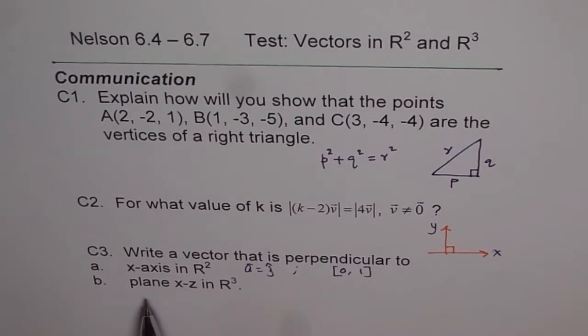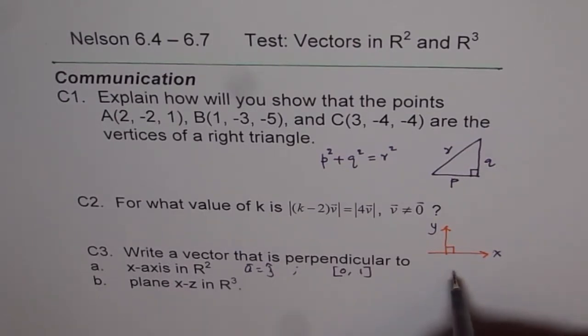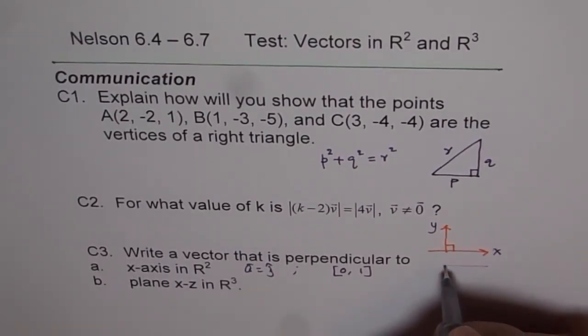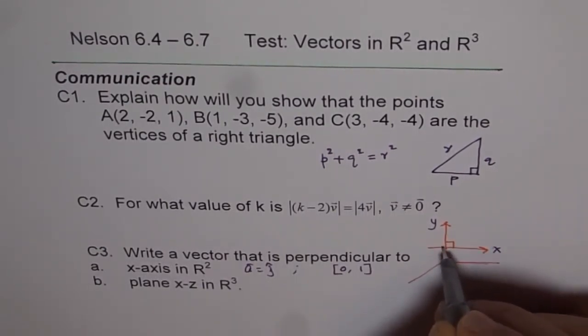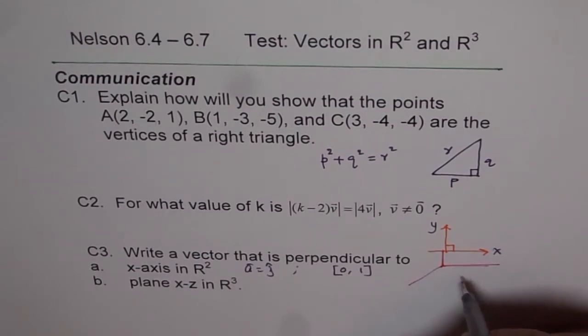Part B is the plane xz in R3. Many times I've seen students just writing the equation of the plane xz in R3, right? Strictly speaking, the question is about a vector perpendicular to it. Don't forget that part. So that is kind of your 3D thing, right?